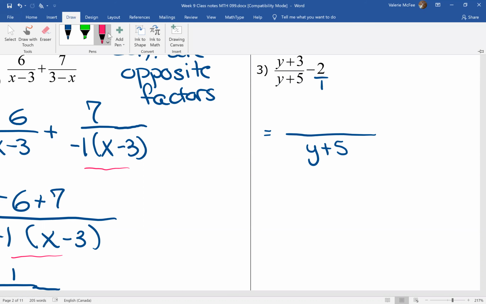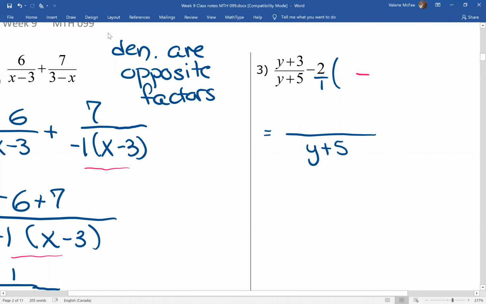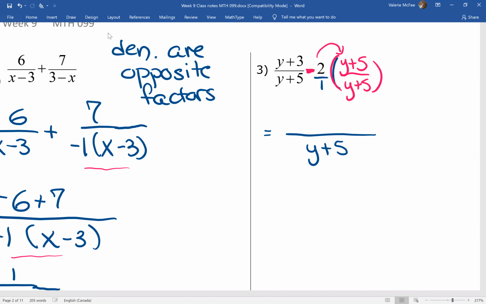But if I look at the 2, it doesn't have y plus 5 in the denominator. So I have to multiply the numerator and the denominator by y plus 5. Remember that we're multiplying by negative 2. So when you open the brackets using the distributive property, be careful.